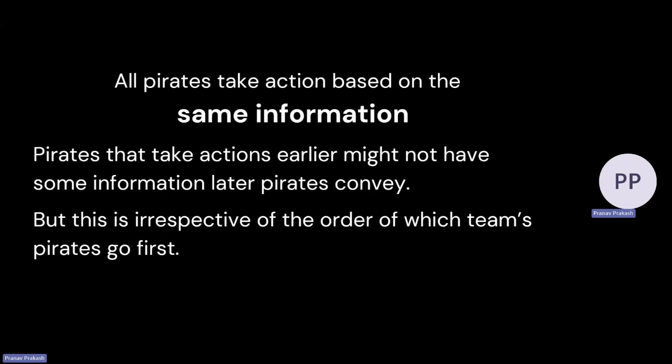The major takeaway from this is that all pirates take action based on the same information. Of course, this is slightly wrong because pirates that take action earlier in a team, say the first 5-10 pirates, might not have some information that the 11th pirate discovers and therefore won't be able to act on it. But the thing is that no team has an advantage over the other team when it comes to moving their pirates.